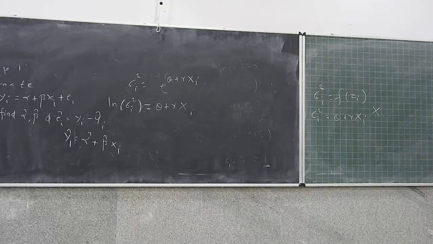What does step 1 do? Do a normal regression of y on x, find alpha hat and beta hat, and find e hat i. Right? Sure?